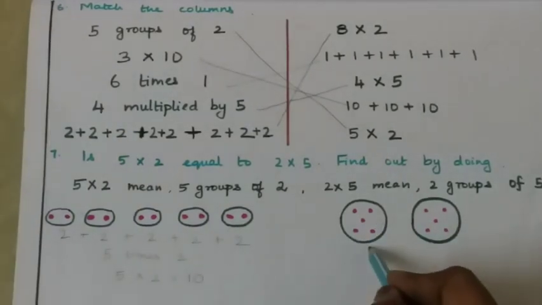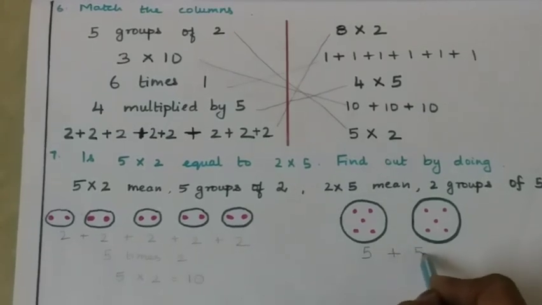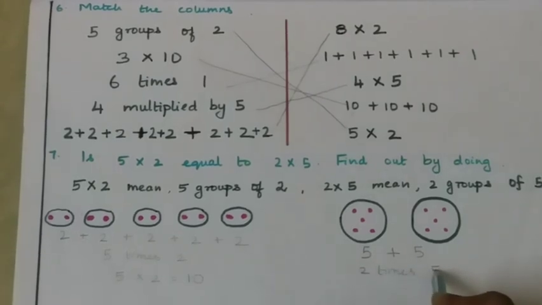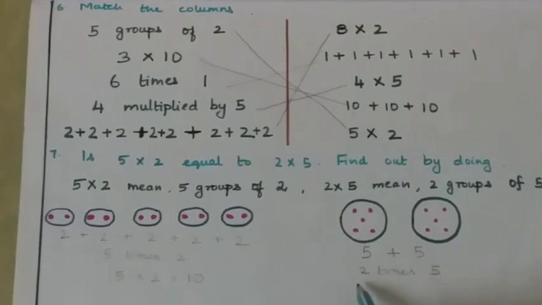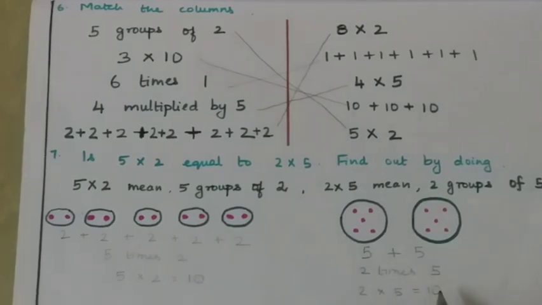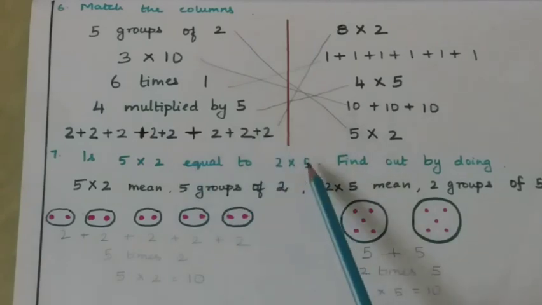So a child needs to write 5 plus 5, which is 2 times 5, which is nothing but 2 into 5, which is again 10. So if you check these two, the results are the same. So your child will now be clear that 5 into 2 is same as 2 into 5.